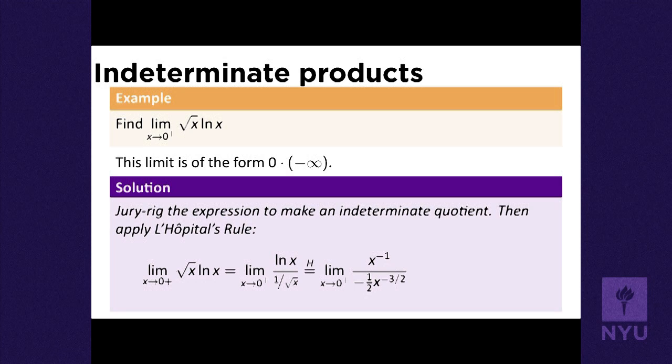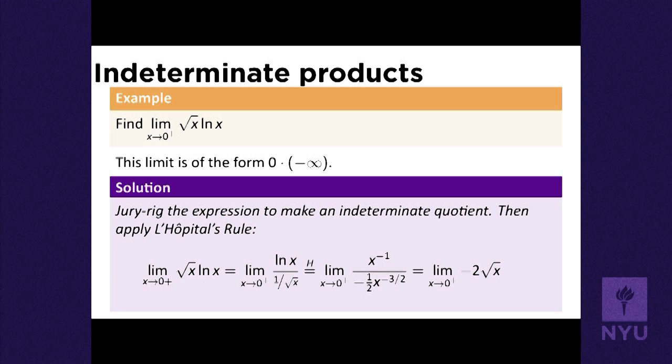The derivative of natural log of x is 1 over x, which I've written here as x to the minus 1. It's the same thing. The derivative of 1 over the square root of x is the derivative of x to the minus 1/2, which is minus 1/2 x to the minus 3/2. Now, it's very strange to write a quotient of two power functions with negative powers like that. It would be easier just to write it as a single function.